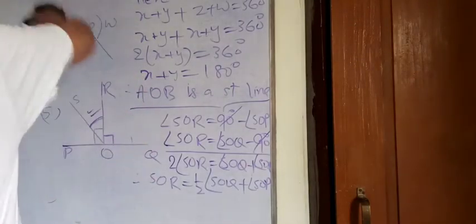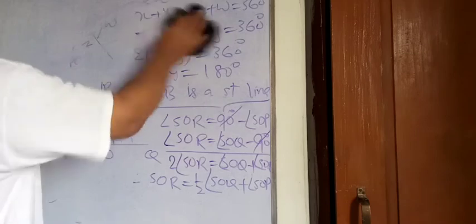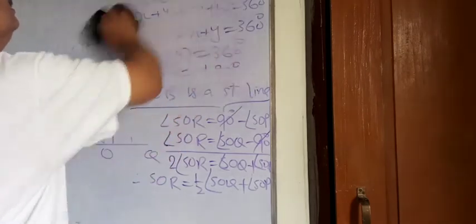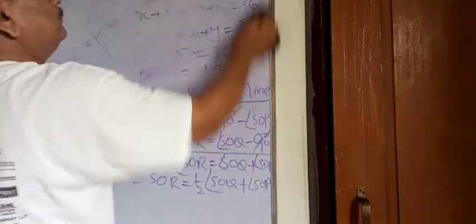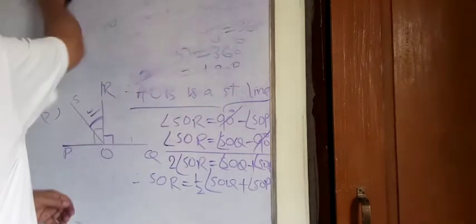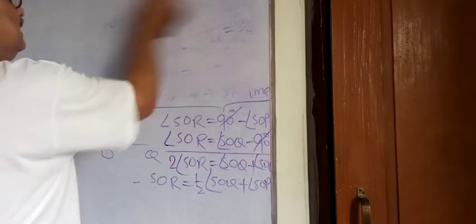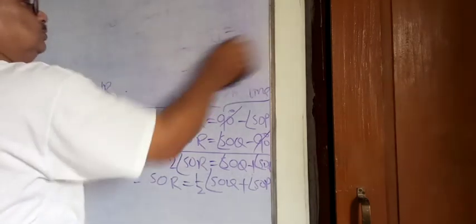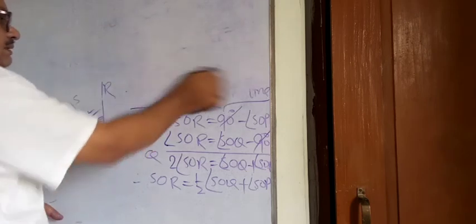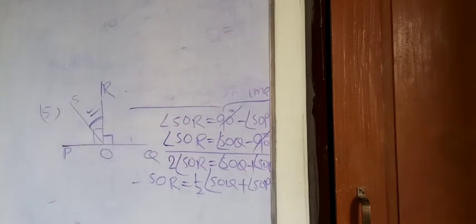So for the next and last question, we will draw the figure, the required figure. So that is also very easy. So let's see in what way can we do it. It is given that XYZ is 64 degree.